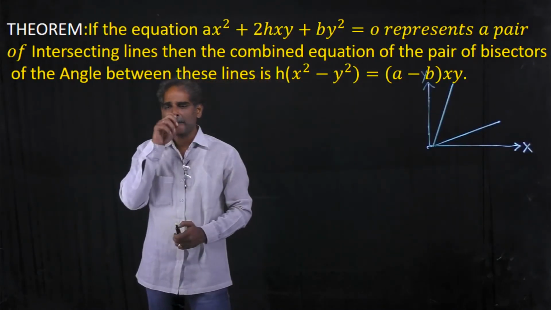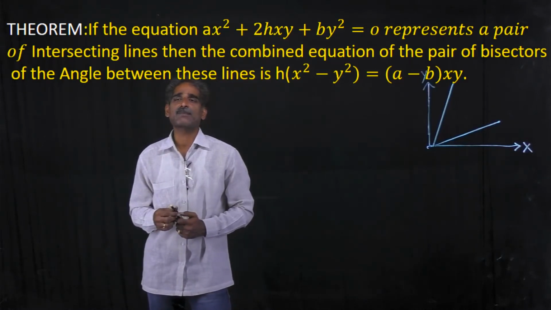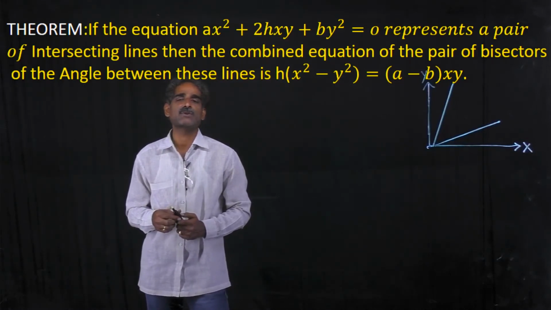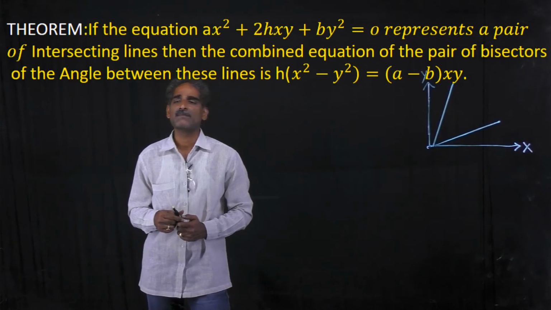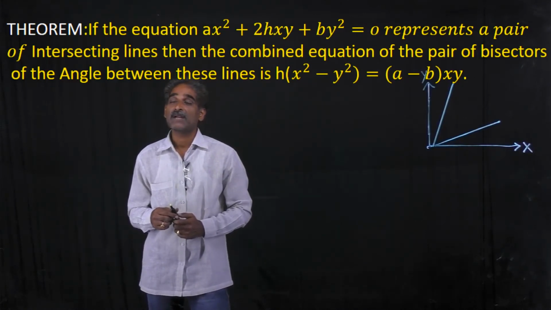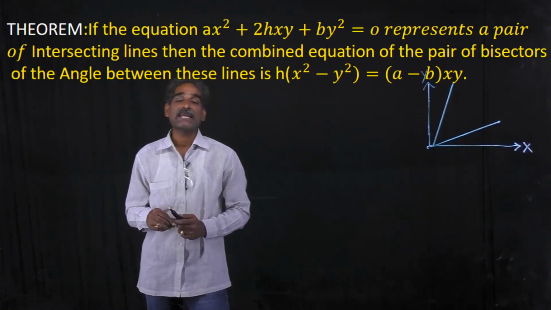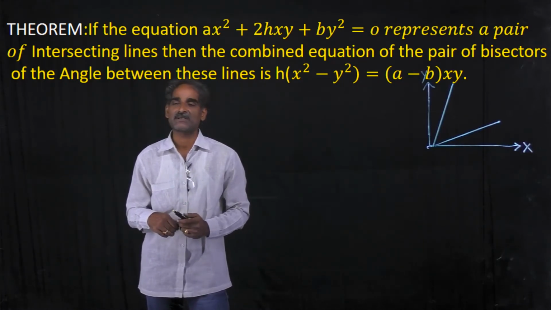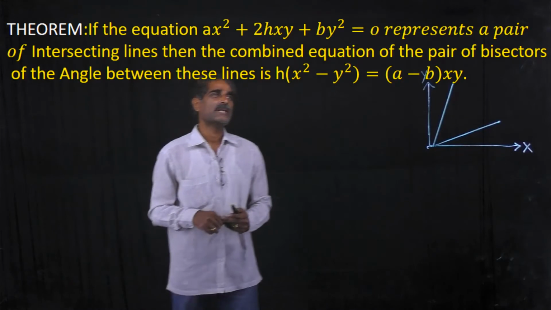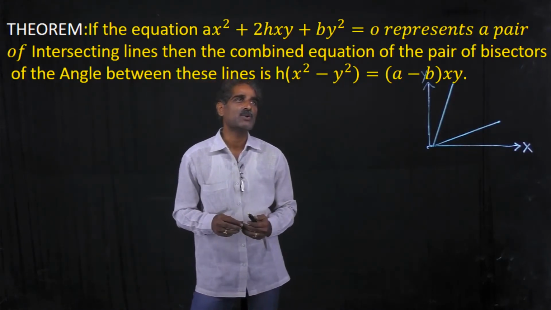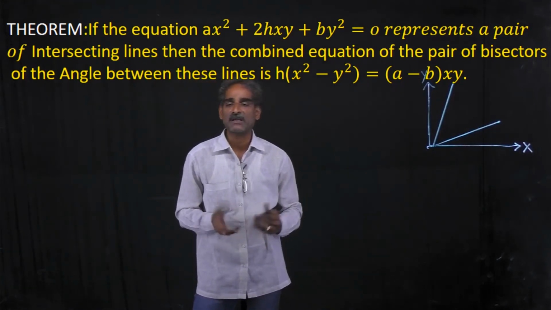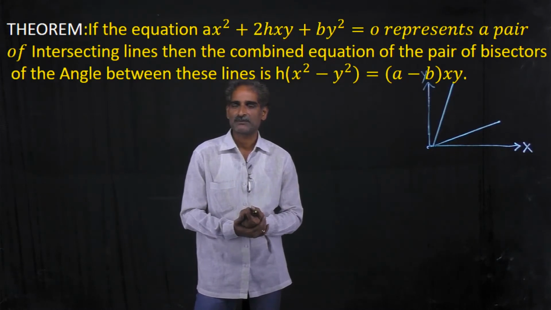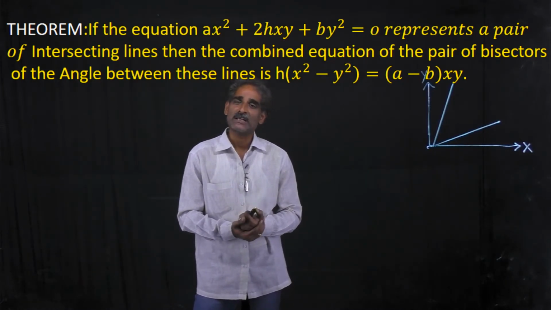See this theorem. If the equation ax square plus 2hxy plus by square equal to 0 represents a pair of lines, the combined equation of the pair of bisectors of the angles between the lines is h into (x square minus y square) equal to xy into (a minus b). We have to find out the combined equation of the pair of bisectors.